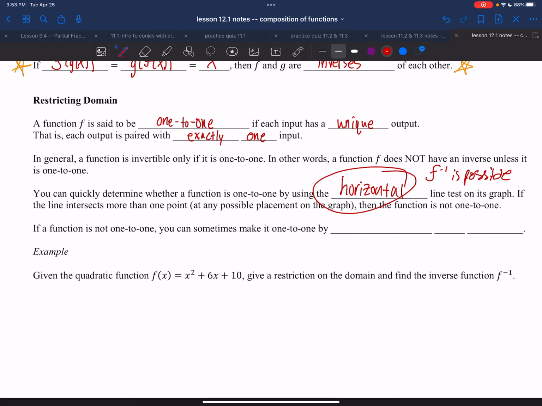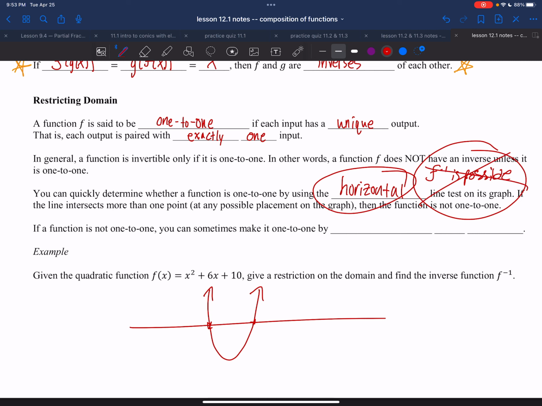Because if you draw a function, let's say I have a quadratic here, and I draw a horizontal line through it, it hits more than once. Because it hits more than once, f inverse is not possible because it's not 1-to-1, so it doesn't have an inverse, okay?